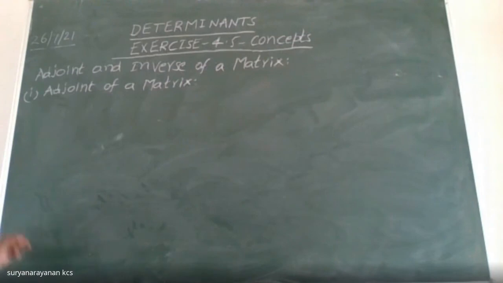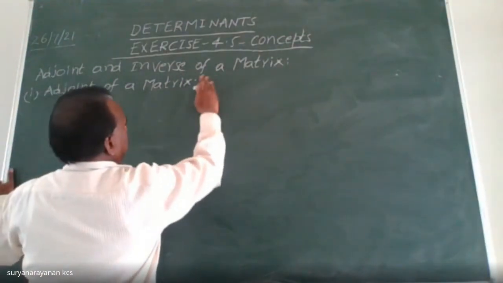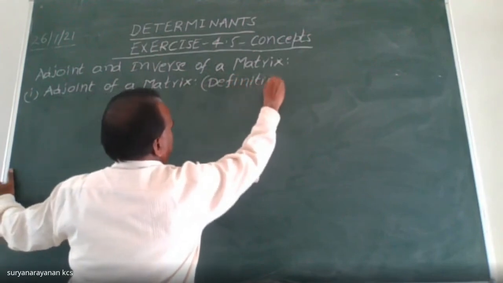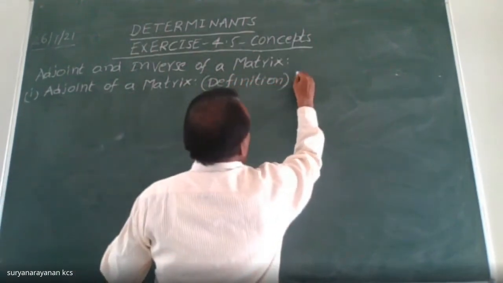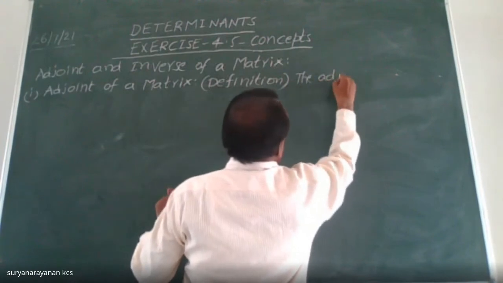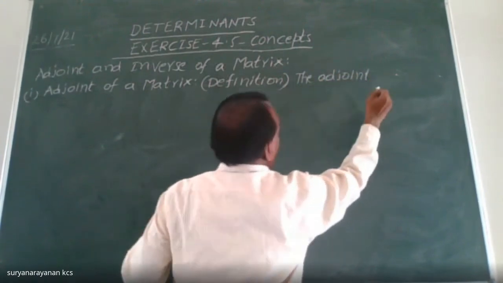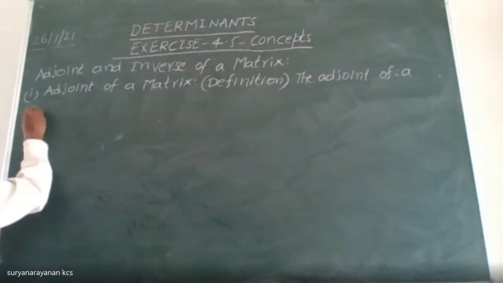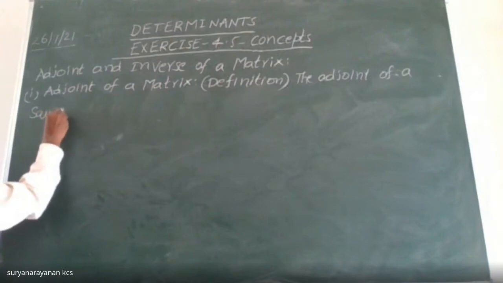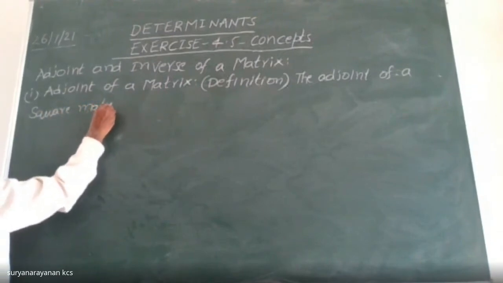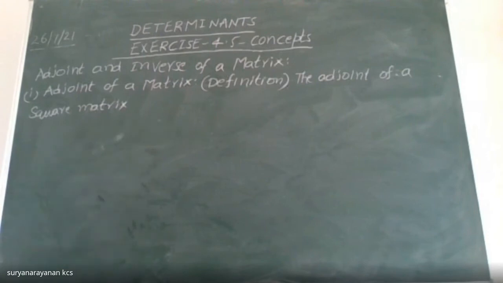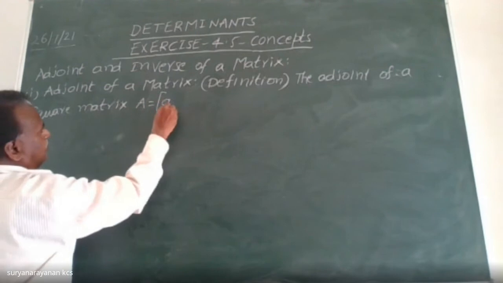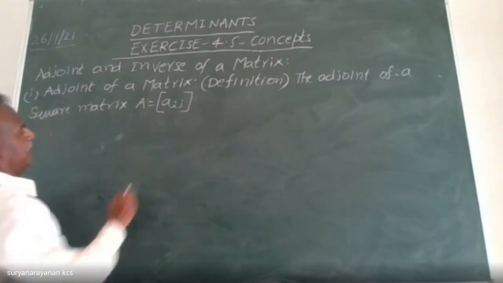The adjoint of a square matrix A, equal to matrix Aij.